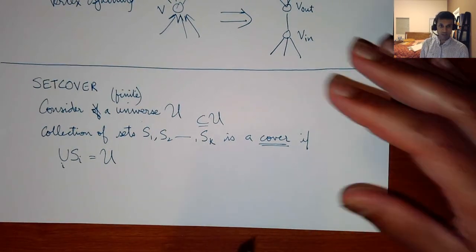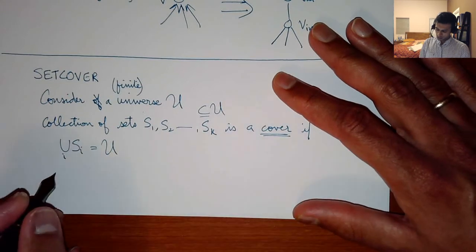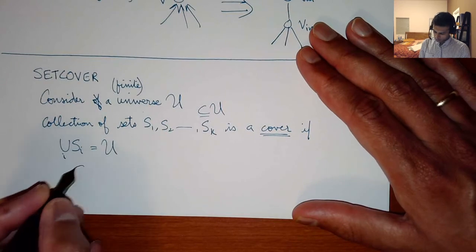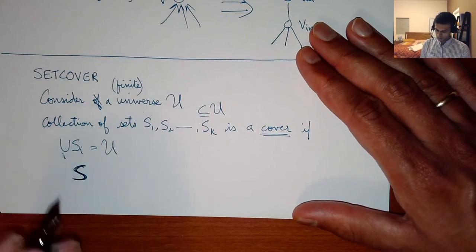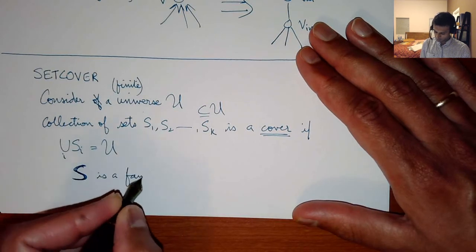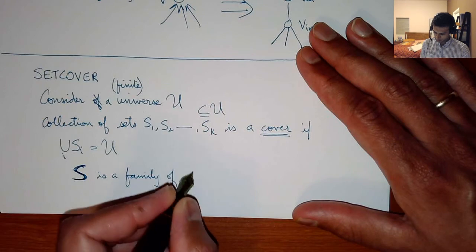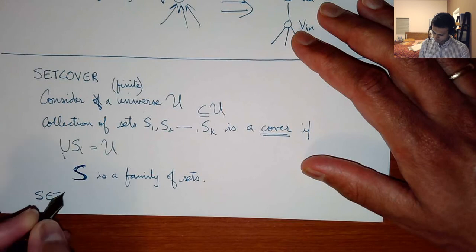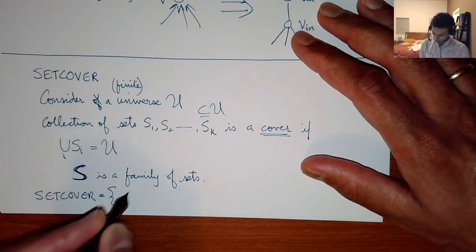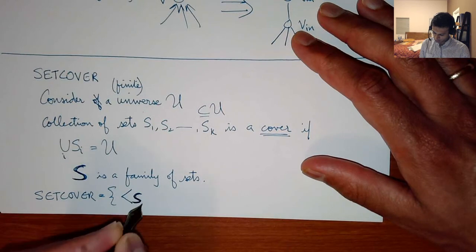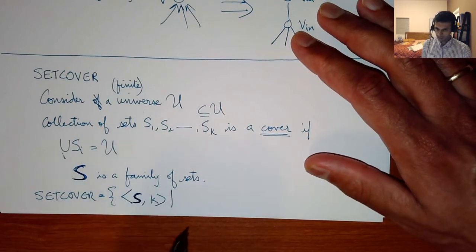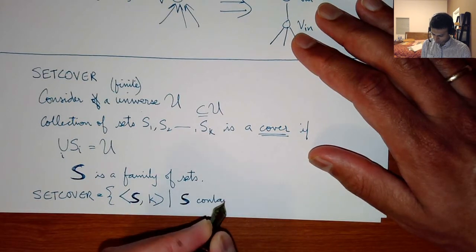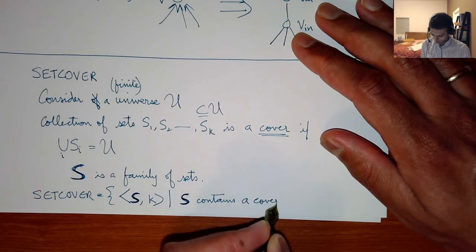So, what is the language set cover? Let bold S be a family of sets, and set cover is the language where you have a family of sets and a value k, and you say that S contains a cover of k sets.